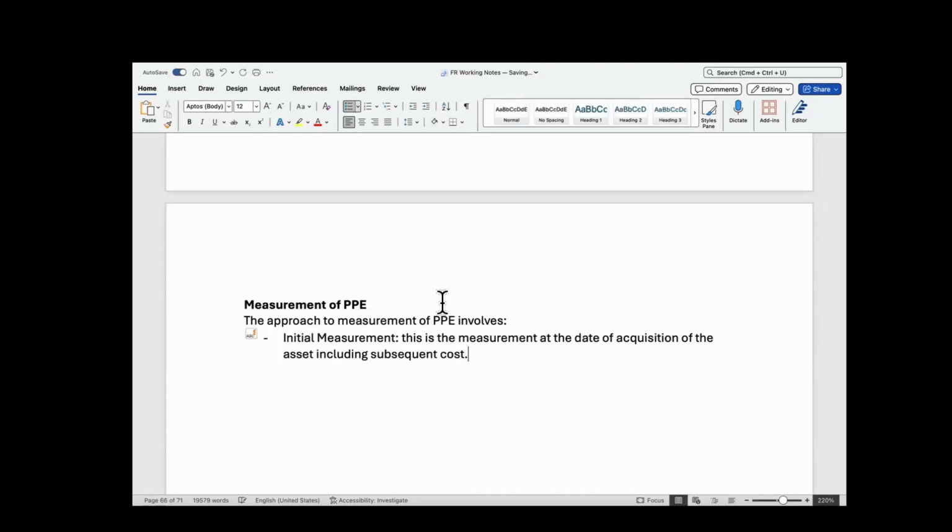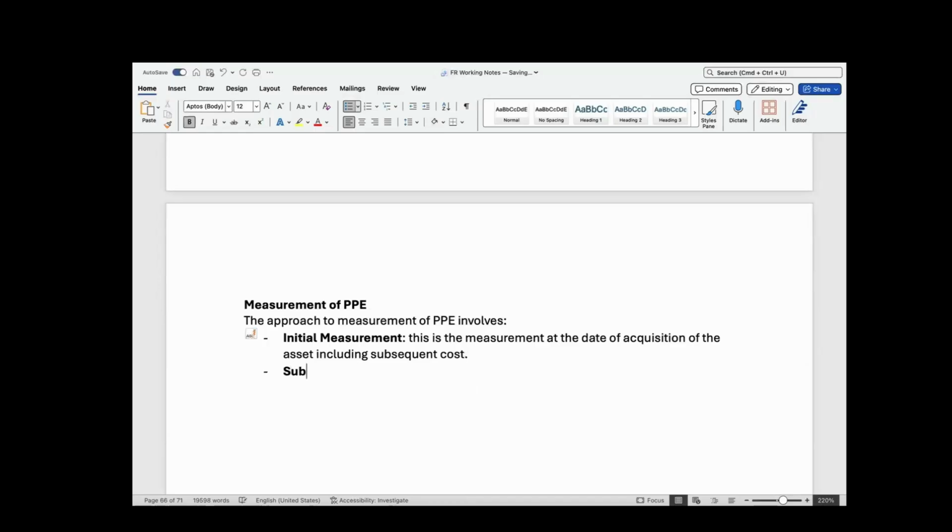That's what we say initial measurements. These are the measurements you do at the date of acquisition of the assets, including subsequent costs.